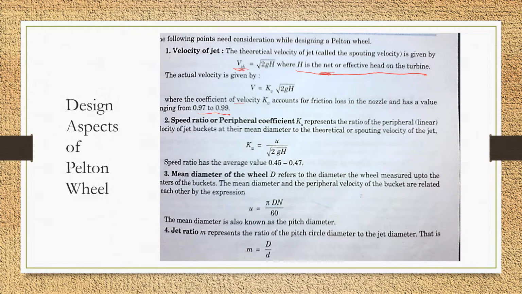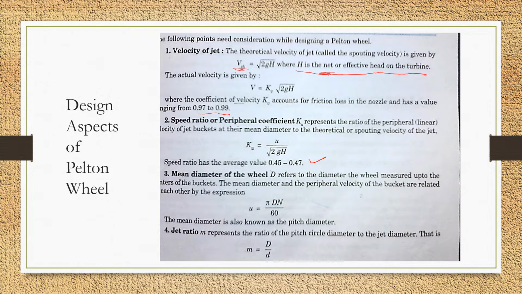The next equation is the speed ratio, which is given as the ratio of the peripheral velocity of the jet buckets at their mean diameter to the theoretical velocity of the jet. That is u upon under root of 2gH. The speed ratio has an average value of 0.45 to 0.47.